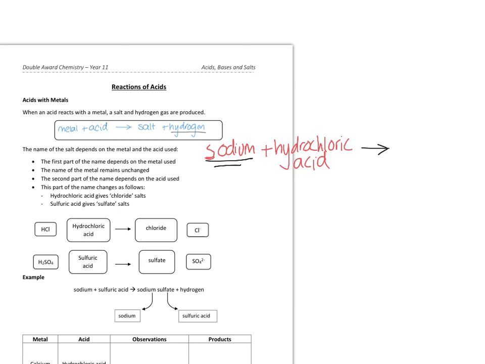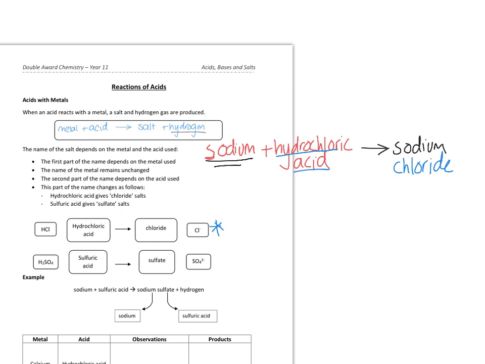So it's just sodium. And we take the second part of our name from the acid, but this part of the name does change. So if we have hydrochloric acid, it changes its ending to chloride. So the name of our salt is sodium chloride.